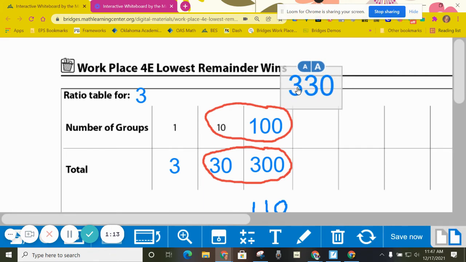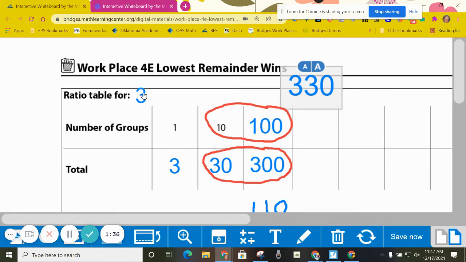So they can rearrange those digits to make a 3-digit number of their choosing. But the goal is that they're going to make a number that, when divided by this divisor over here, they get as small of a remainder as possible. As a matter of fact, it'd be great if you got no remainder.